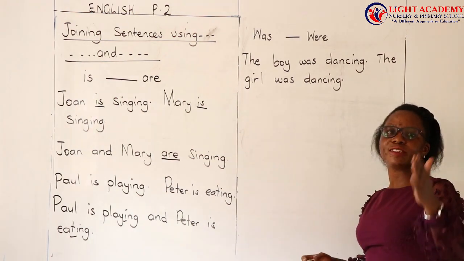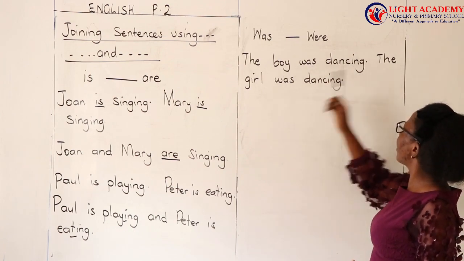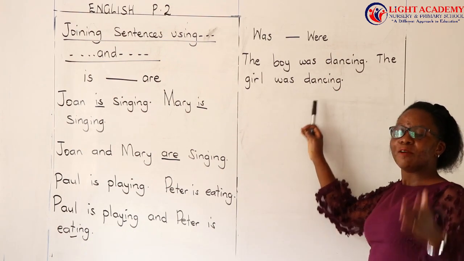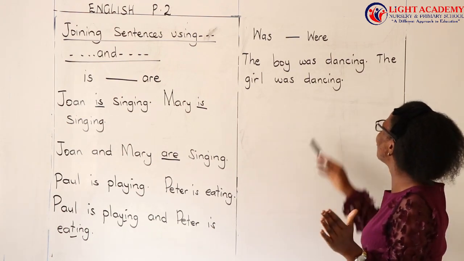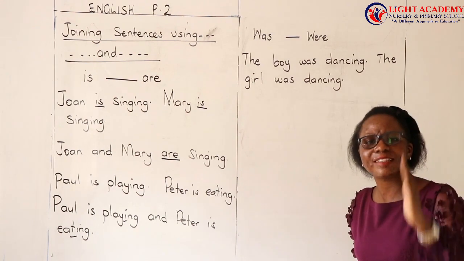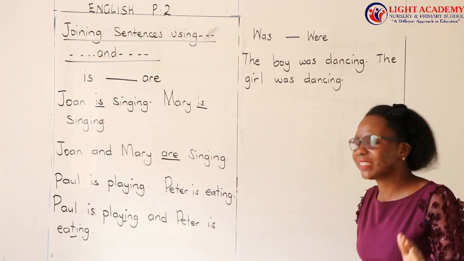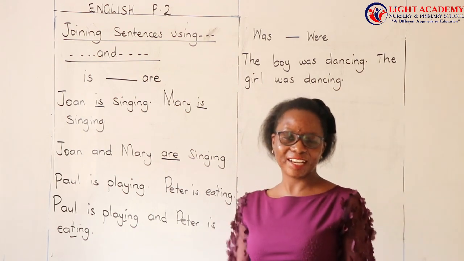These are the two sentences that I have. The boy was dancing. The girl was dancing. Put it in mind. Let me tell you a simple secret. I want you to look at the activities that they are doing. When you find the activities are the same, automatically the article has to change. That's the simple secret I can tell you.